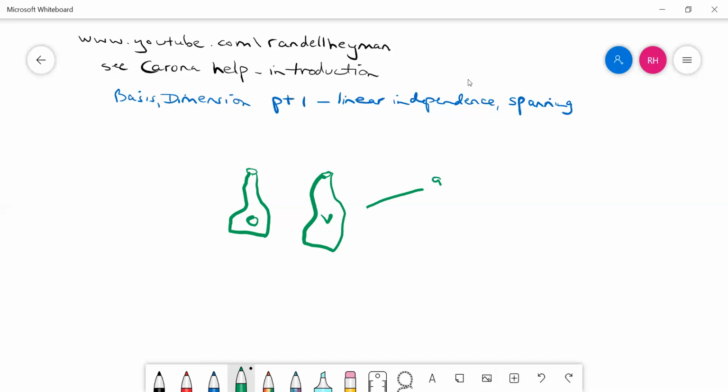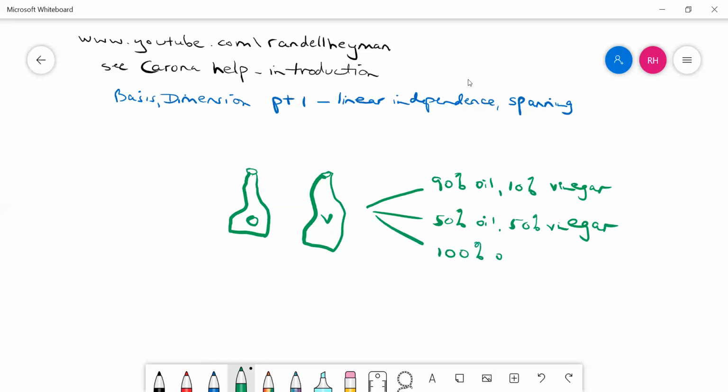One person likes 90% oil and 10% vinegar, and it's possible to make that up with the two bottles. Someone else likes 50% oil and 50% vinegar, and once again, we can make that up. And then the third person might like 100% oil. I used to do that when I came back from Europe. 100% oil.